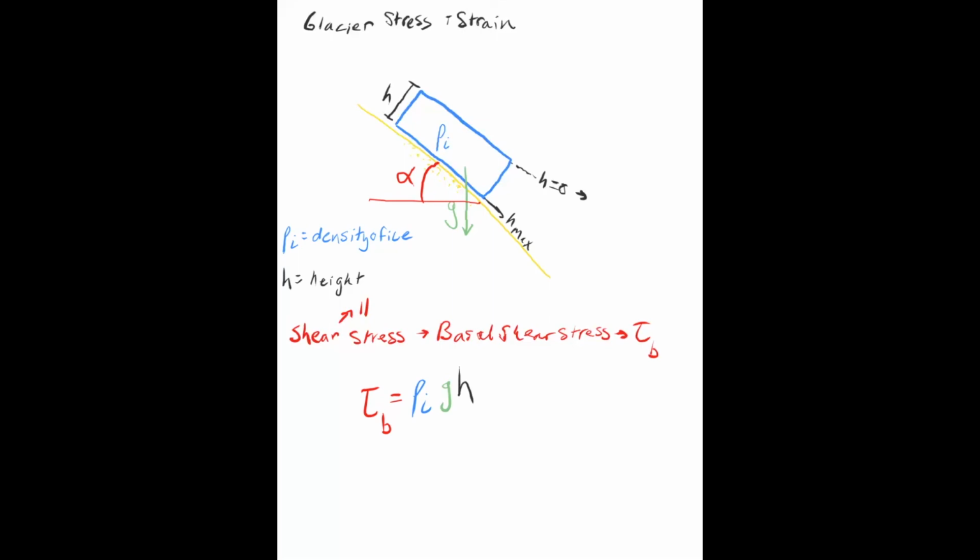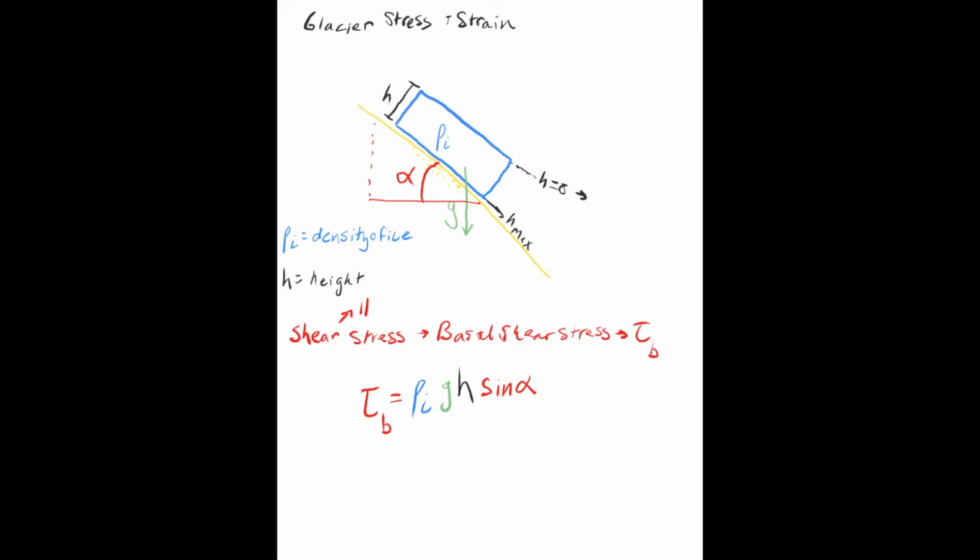And then now we're going to include sine alpha so that we can include the slope here, because if we set this up as a right angle, sine of our alpha is opposite over hypotenuse, so that allows us to include the slope itself.